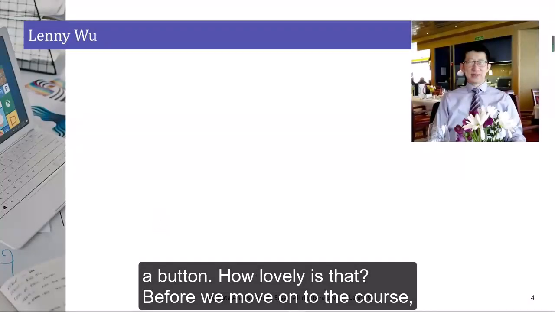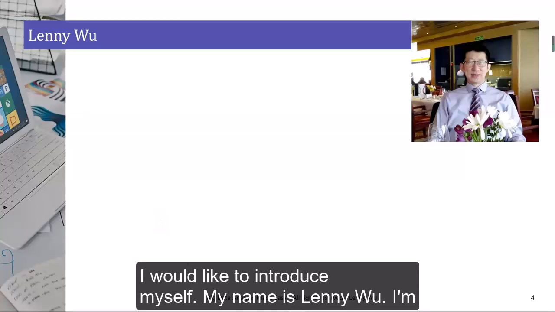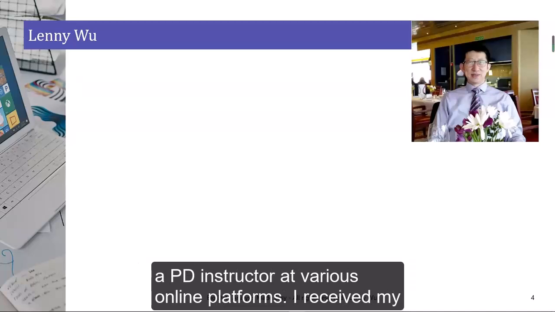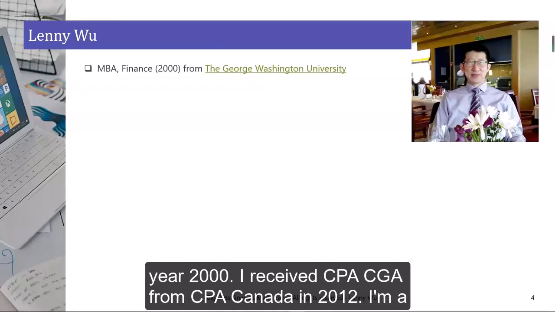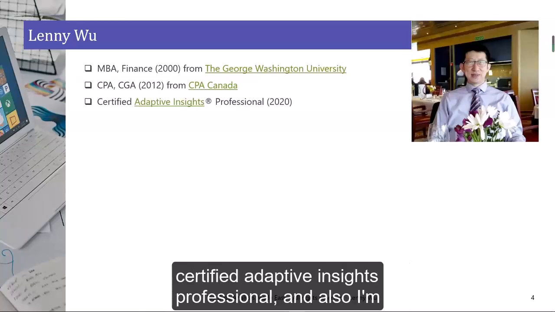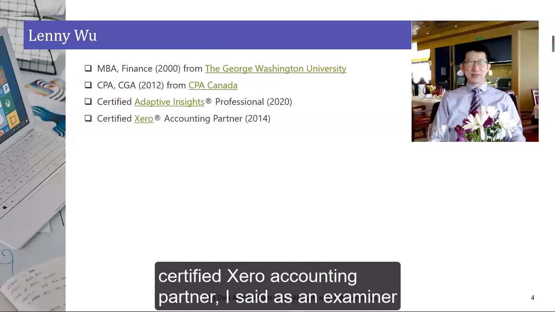Before we move on to the course, I would like to introduce myself. My name is Lenny Wu. I'm a PD instructor at various online platforms. I received my MBA Finance from the George Washington University in the year 2000. I received CPA, CGA from CPA Canada in 2012. I'm a certified Adaptive Insights professional, and also I'm certified Xero Accounting Partner.